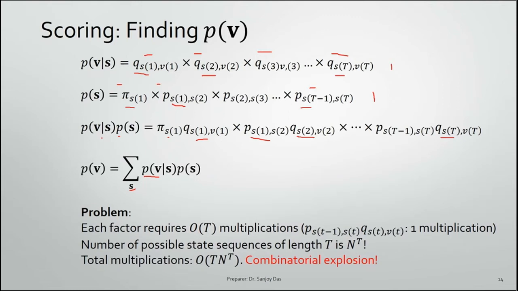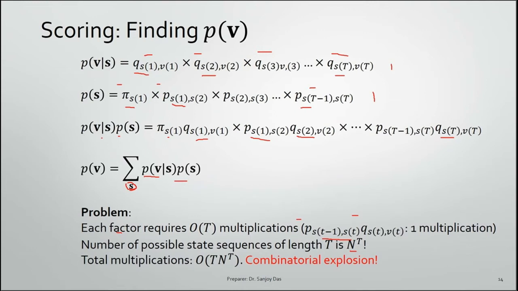Problem. Each factor here requires one multiplication of a P with a Q. And the total number of state sequences of length T is n to the power of T. This is the total number of possible state sequences S. Therefore, the total number of multiplications is of order T n to the power of T. And this is computationally impossible when T is of a reasonable size, or n, the number of states, is of a reasonable size.